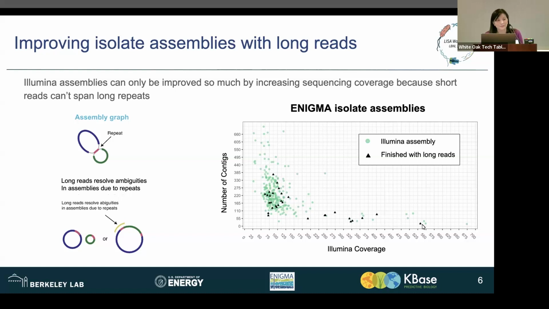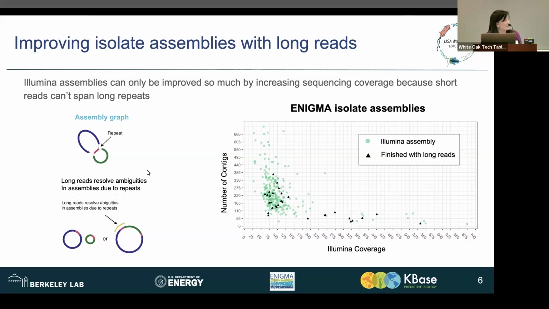You don't really improve your genome anymore. And that's because these are repeat limited. The reads aren't long enough to overcome the length of the genomic repeats, so you end up with fragmented assemblies. And if you just add a little bit of long reads, which is what the genomes are for these black triangles here, you can finish and circularize these microbial genomes.